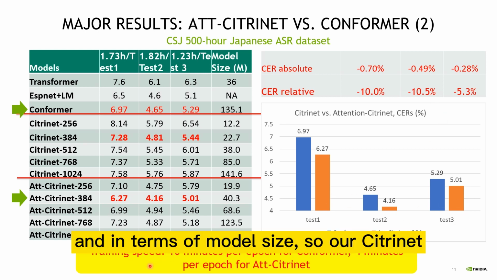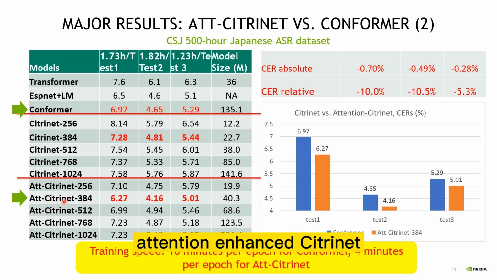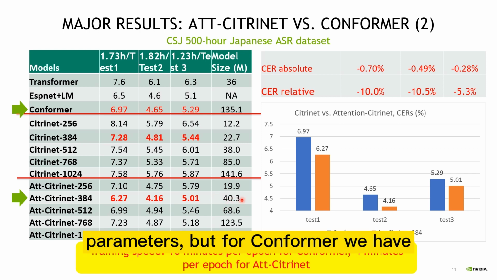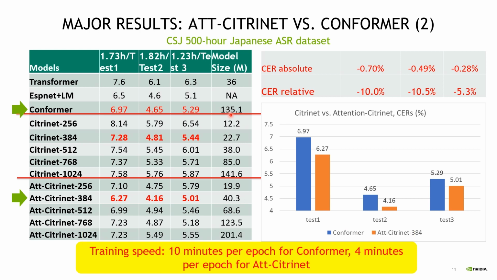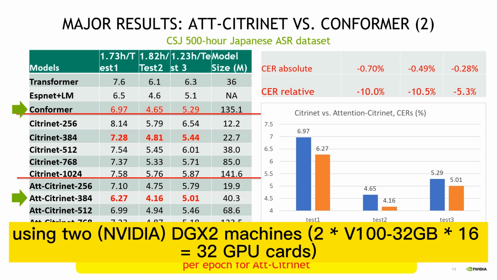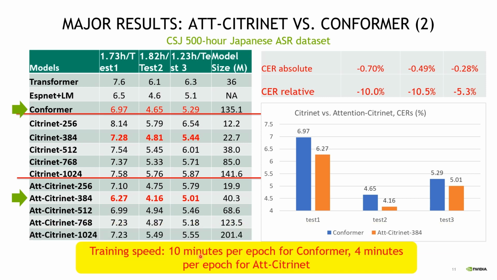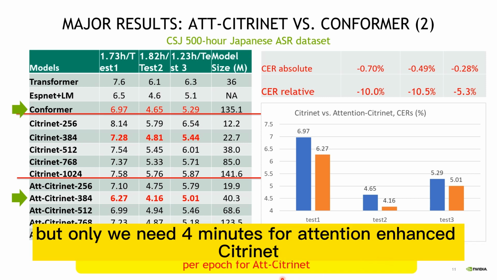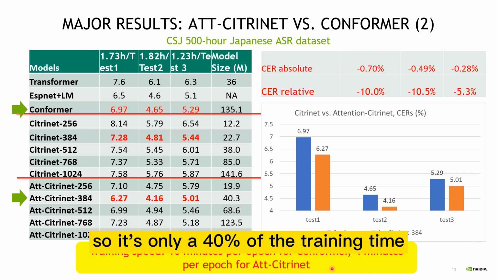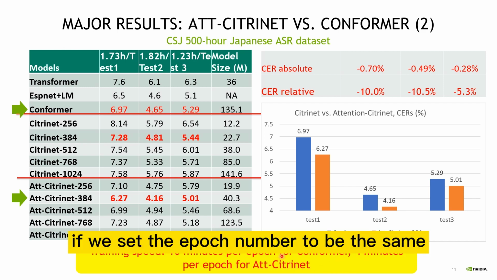In terms of model size, our attention enhanced Citrinet only has 40 million parameters, but Conformer has 135 million parameters. For training speed, one epoch of Conformer needs 10 minutes using two DGX-2 machines, but attention enhanced Citrinet needs only 4 minutes. So it's only 40% of the training time if we set the epoch number to be the same.